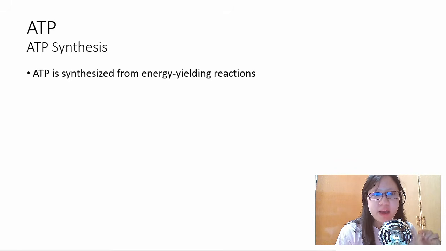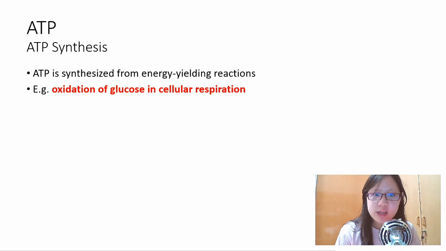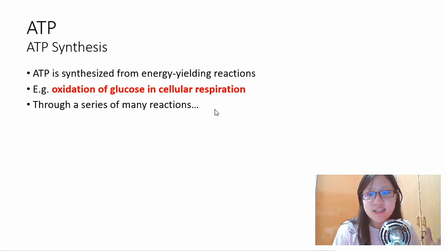We talked about how ATP is synthesized from energy yielding reactions, for example, the oxidation of glucose in cellular respiration. Now, we know the general formula: glucose plus oxygen converted to carbon dioxide plus water plus 2870 kilojoules of energy per molecule of glucose.